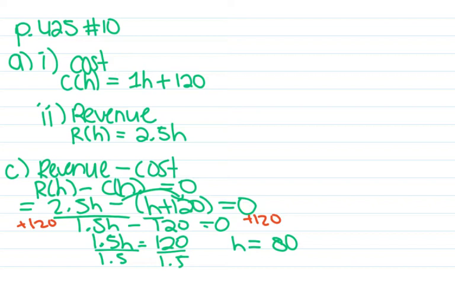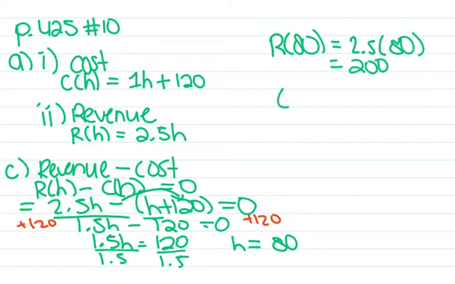So how much money would he be making then? So revenue of 80, R of 80 equals 2.5 times 80, and that is 200. So this coordinate is at 80 hot dogs and $200.